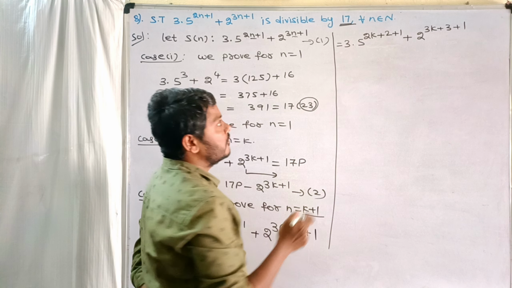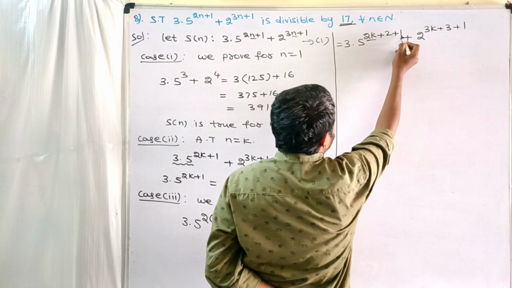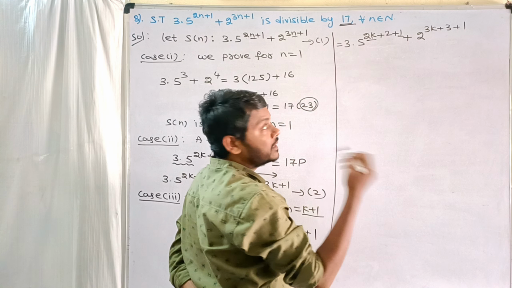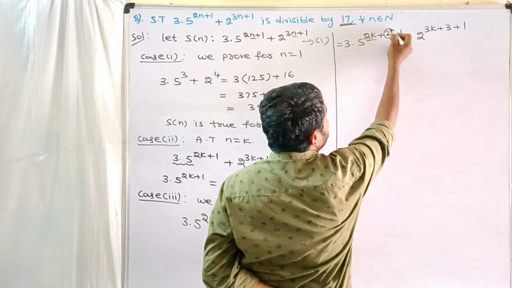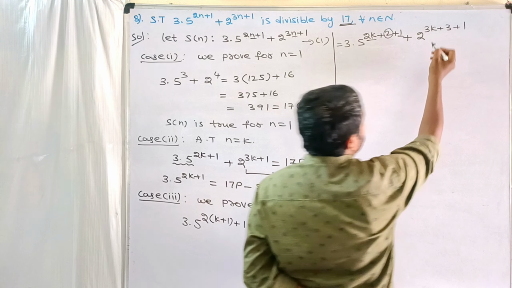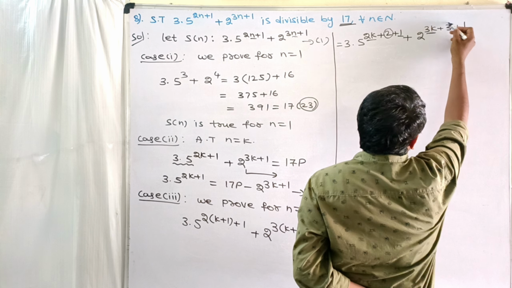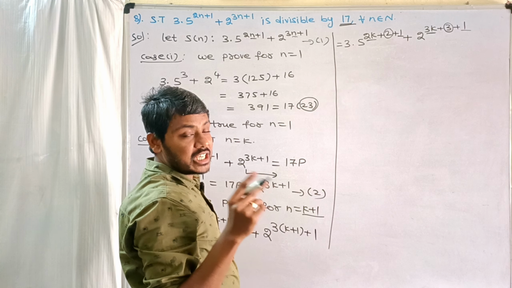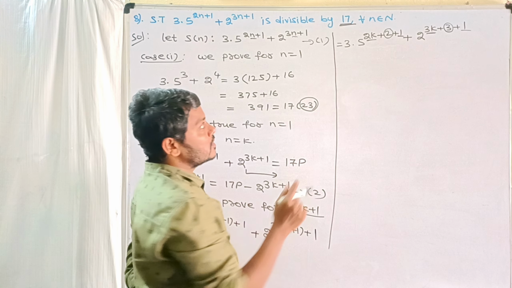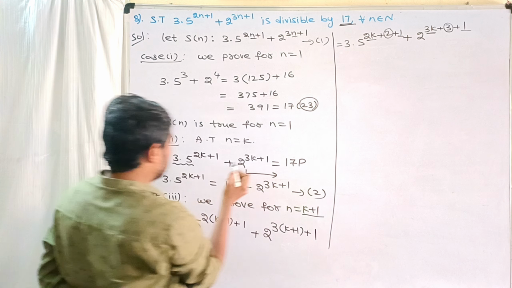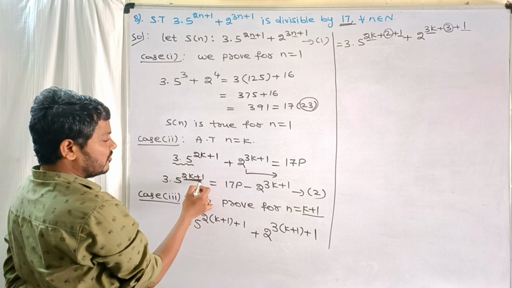Okay. Here we can write 2k plus 1. Next we can write 2. Here also first you can write 3k plus 1. Next write 3. So just you can separate the terms, because we have 5 power 2k plus 1 value.